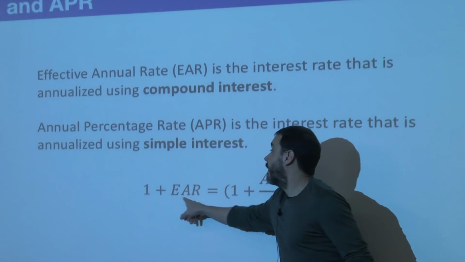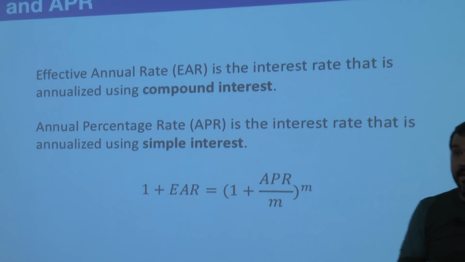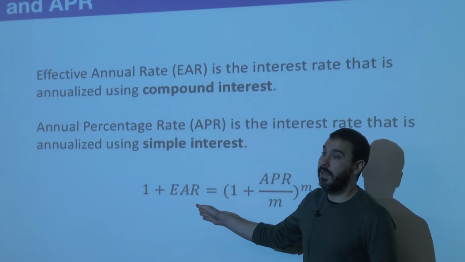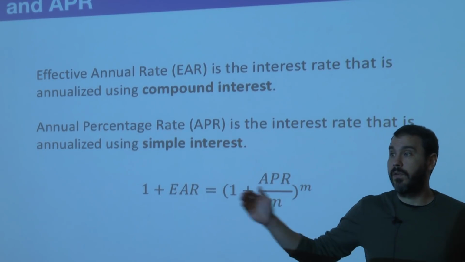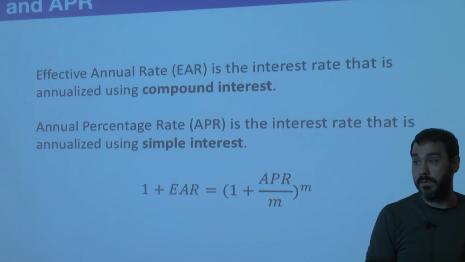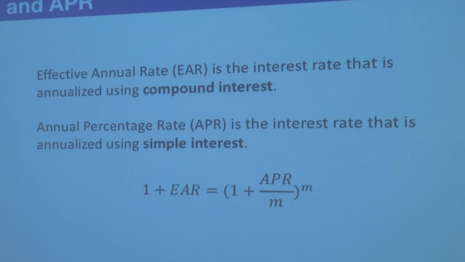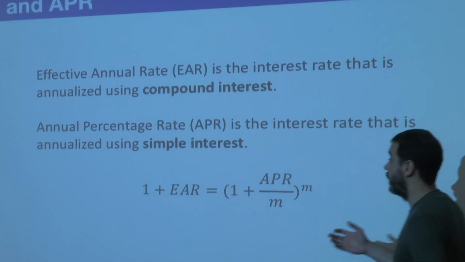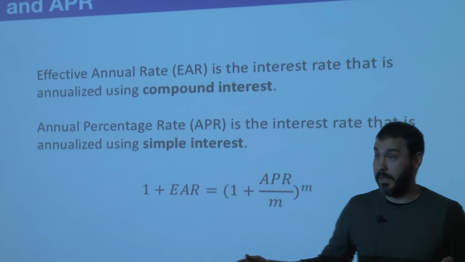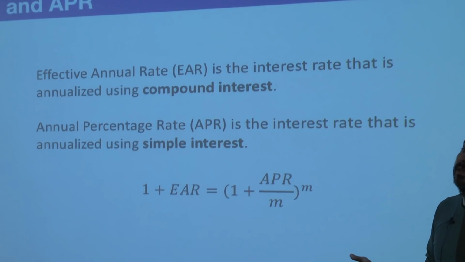The EAR is effective, meaning that if you put $1 in the account and you wait for a year, the EAR is what you will have in your account. It's the effective rate that you see your account growing by, because it does consider the compounding.